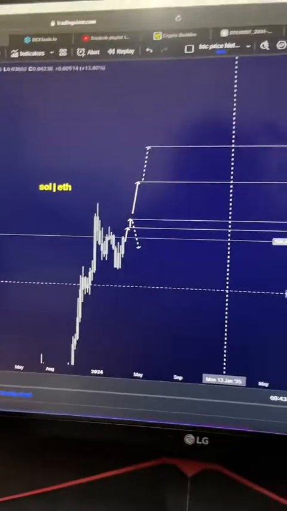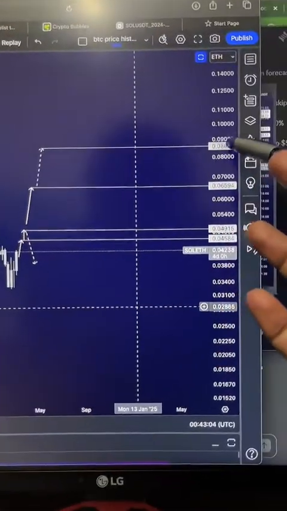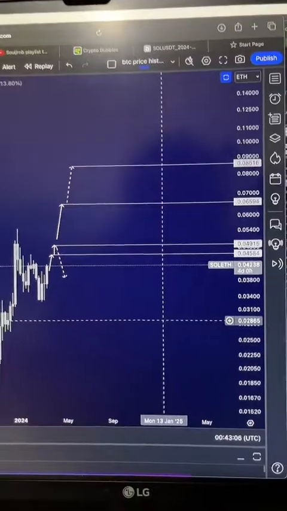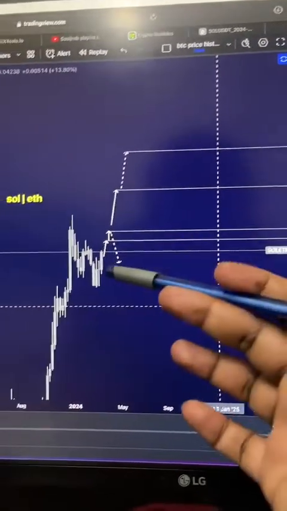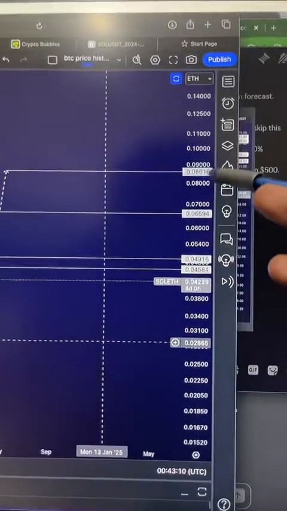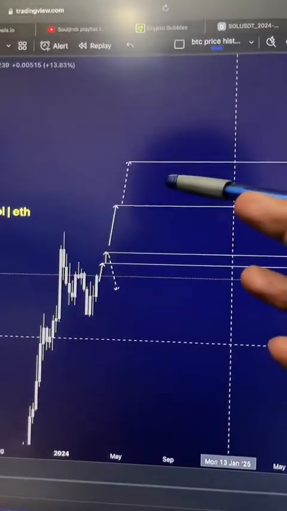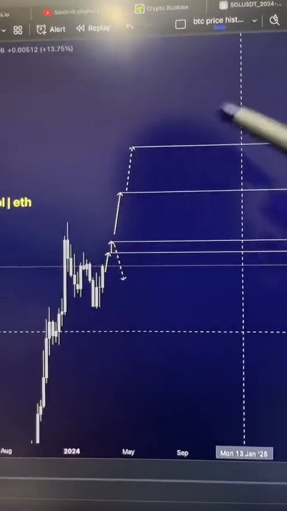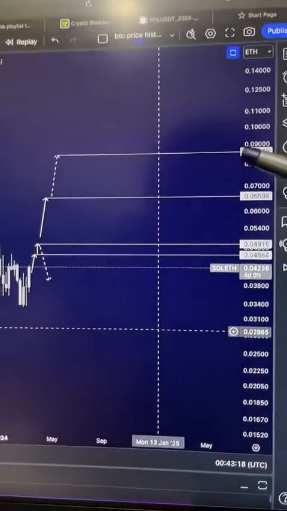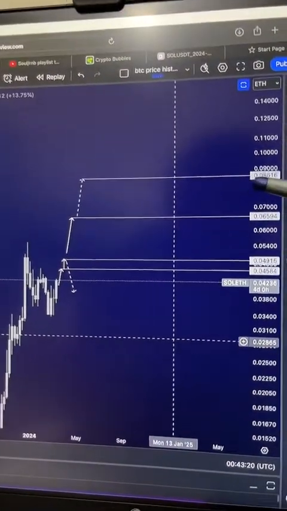But what we are seeing is that this thing has not even gone up here. And if Ethereum stays at $4,000 and Sol continues to go up to here, and these zones are just to say they are like possibilities, it's not like it must go there, but it can go there. Ideally, it really should go there actually.